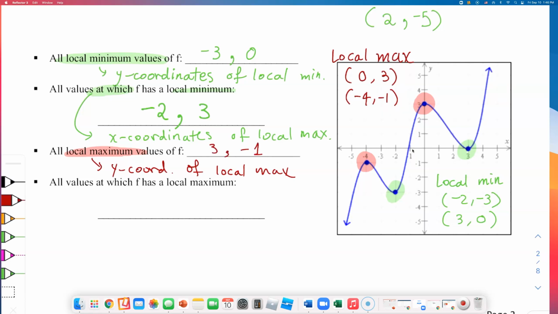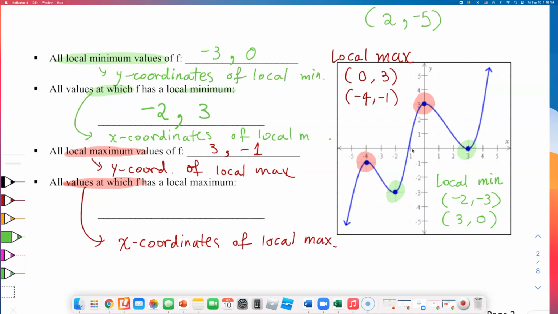Last part is asking at what values, all values at which f has a local maximum. This wording is asking for the x coordinate of local max. And the x coordinates are 0 and -4. The order doesn't matter as long as you have both listed.